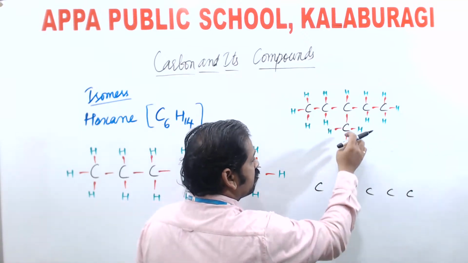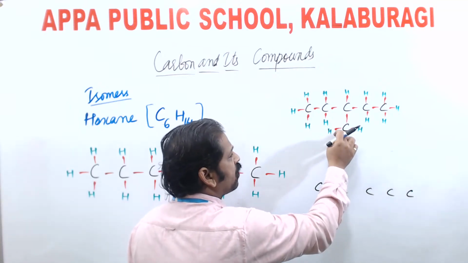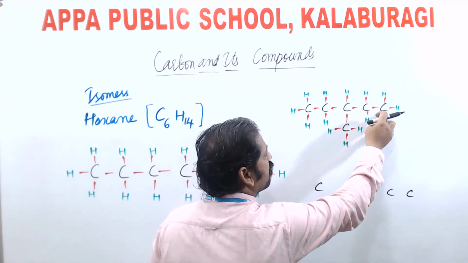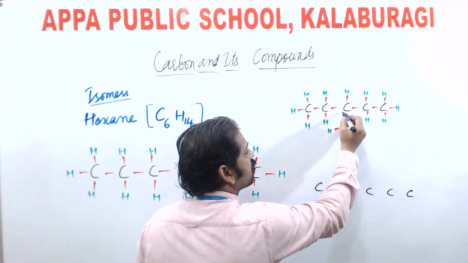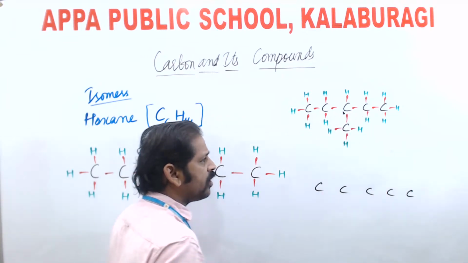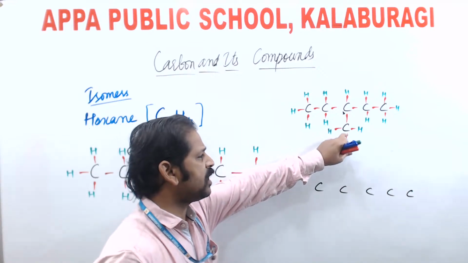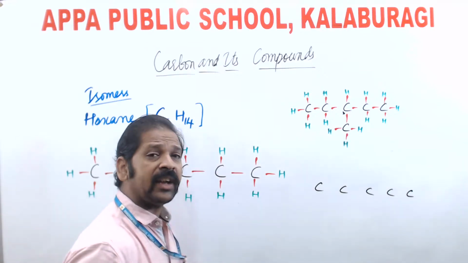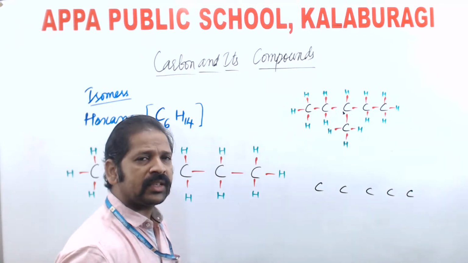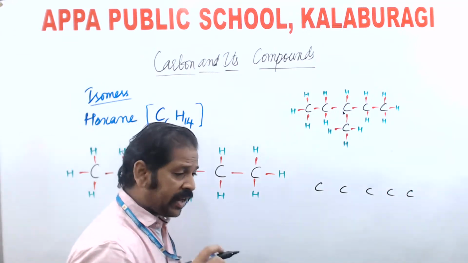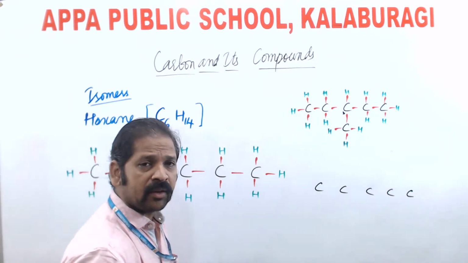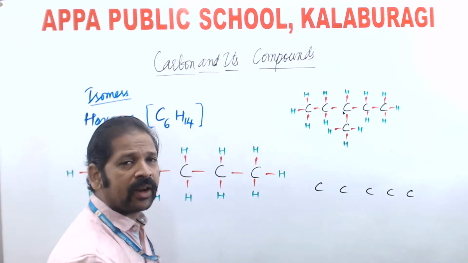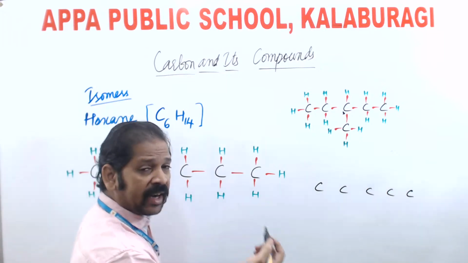This carbon is attached at the third carbon. Here, for the second carbon, the side where the additional functional group is attached is counted as the second carbon.